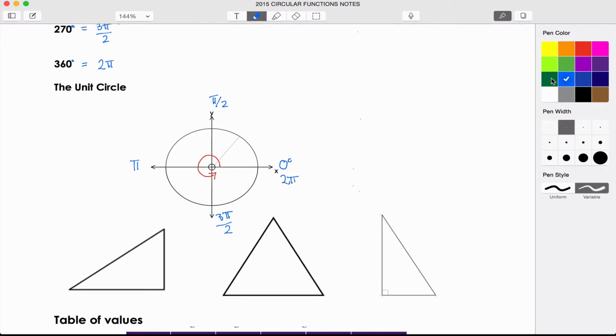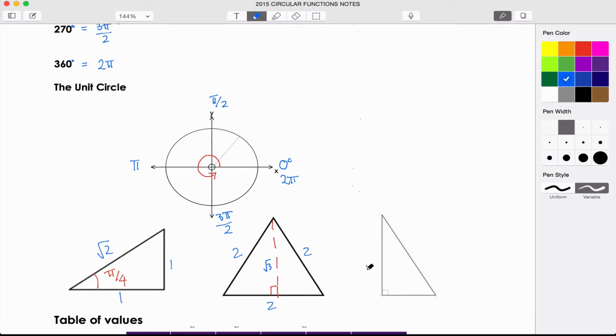Going back to our exact values triangles, the first one had a 1, 1 and a square root of 2 for the sides, and this is the angle we're looking for. It was 45 degrees, but now we can write it as pi over 4. Here we had an equilateral triangle with the sides 2, 2 and 2, and we put our height in down the middle and end up with square root of 3 for that height.